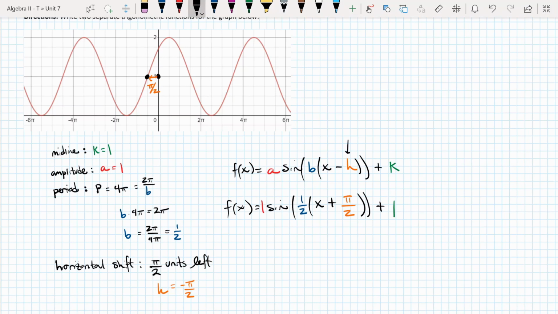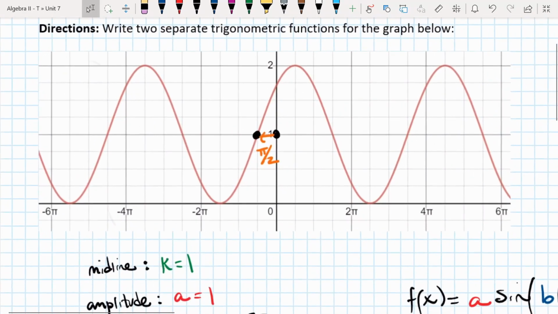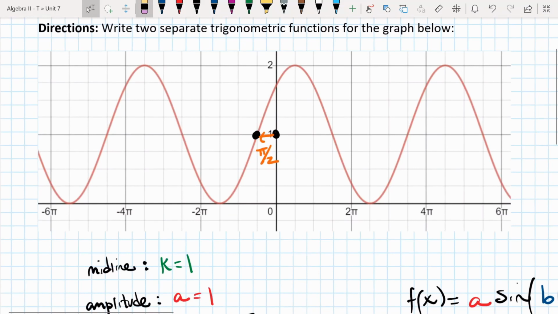Let's write another one, this time in terms of cosine. It's going to be the same exact thing, except let's start here at the top. Instead of starting in the middle and shifting left, like we did right here, let's start at the top and shift to the right.